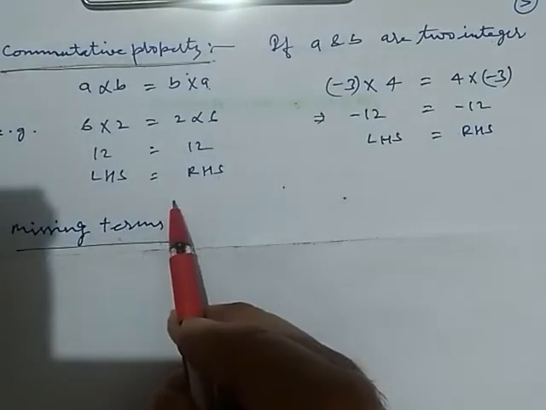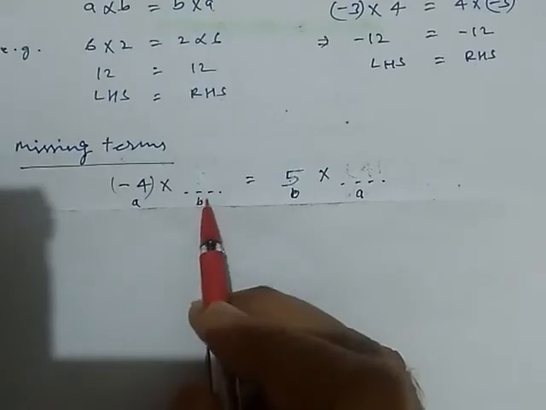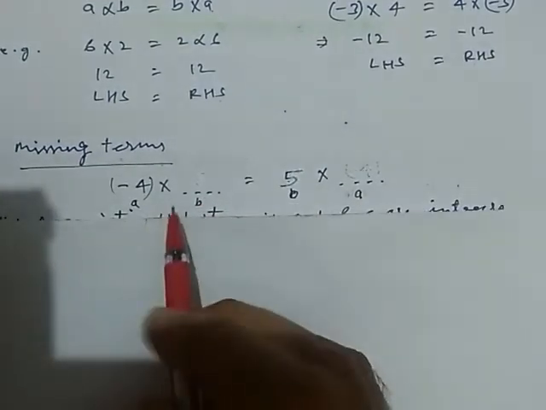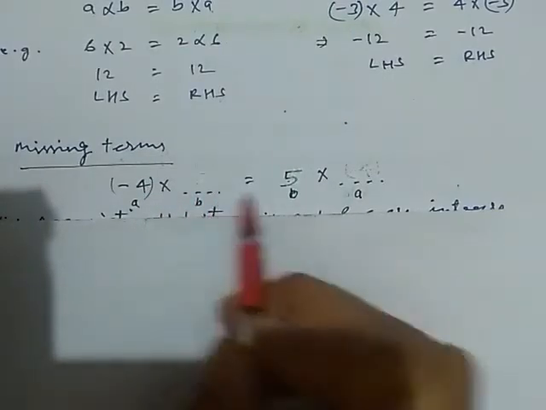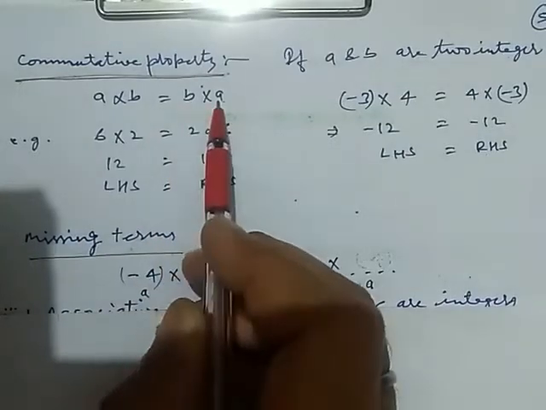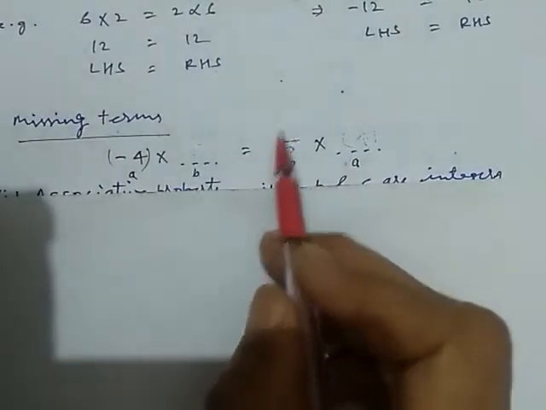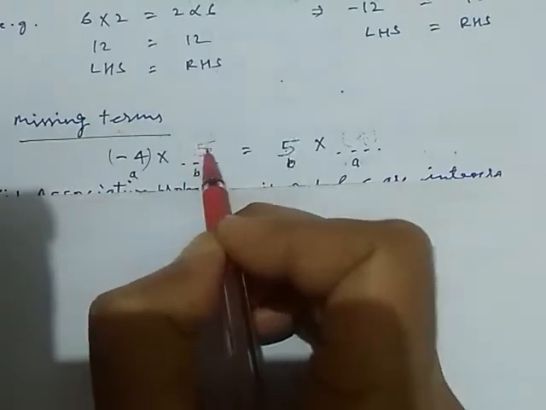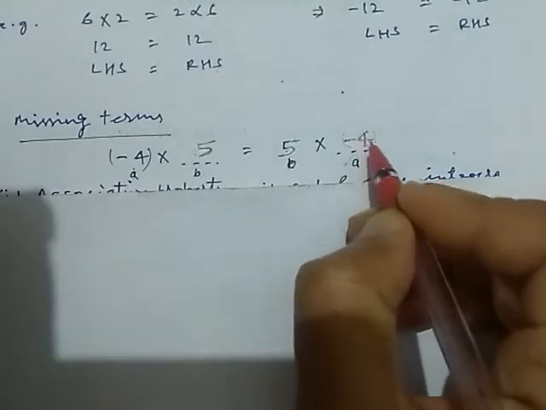This thing we can use to find missing terms. Here is our missing term. Here minus 4 into a blank space, and here 5 into a blank space. So what do we know? We know that A into B equals B into A. So here this is A and this is B, and here this is B and this is A. So we know the B, so write B here, and we know the A, so write A here.